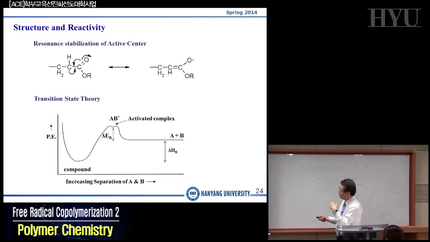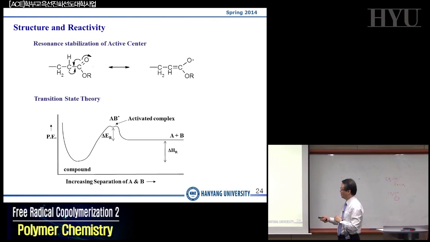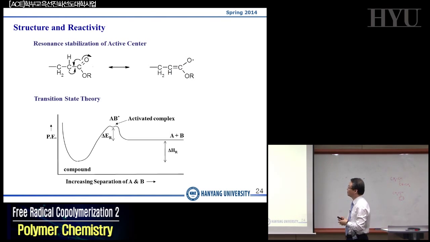Once you overcome it, it comes down to the very stable state, where we have the minimum potential energy. The distance between the minimum potential energy and the starting state is called the enthalpy change of your reaction, delta H. And if A and B atoms get even closer, then you have repulsion. So attraction and repulsion, in this case.